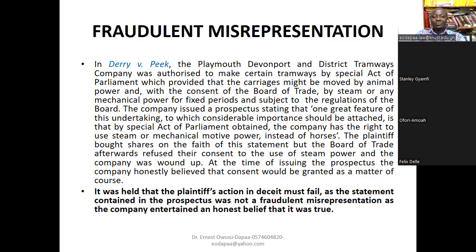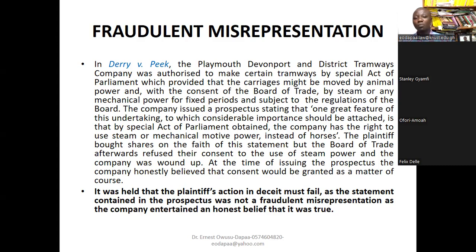Under the law, carriages might be moved by animal power, maybe horses and so on. But if the Board of Trade gave approval, then in addition to animal power, you can also move your carriages by steam or any other mechanical power for a period approved by a government department called the Board of Trade.